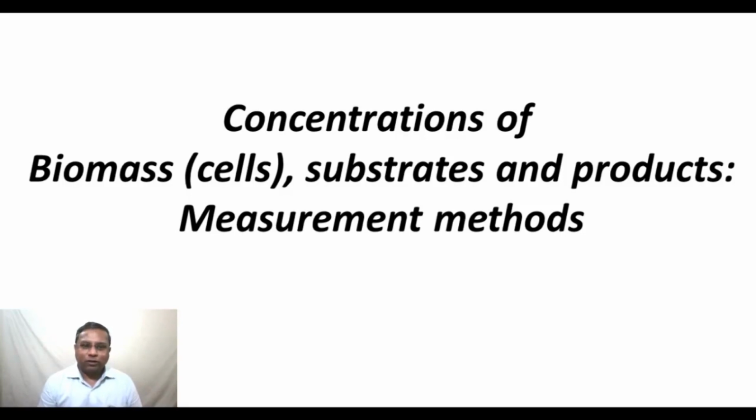We saw how crucial the information on biomass concentration, substrate concentration and product concentrations were in terms of kinetics, in turn the design and operation of relevant reactors. Therefore, we need to have good measurement methods to find out the concentrations of biomass, cells, substrates and products. We would look at some of the common measurement methods that are used for these.